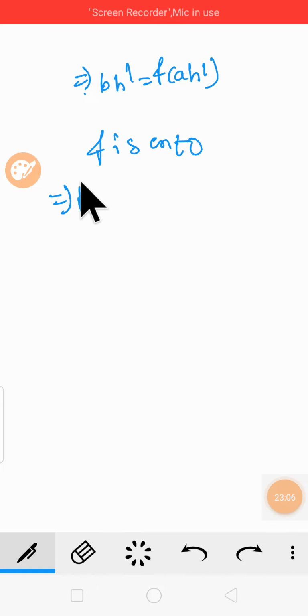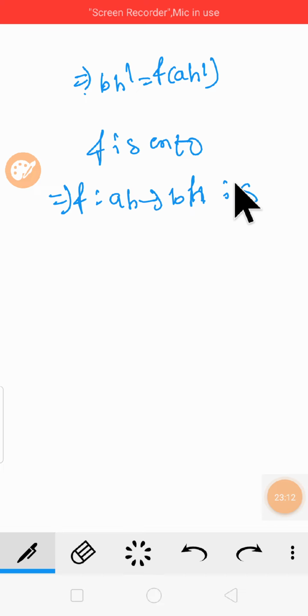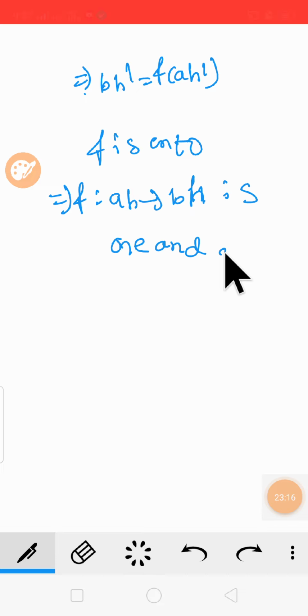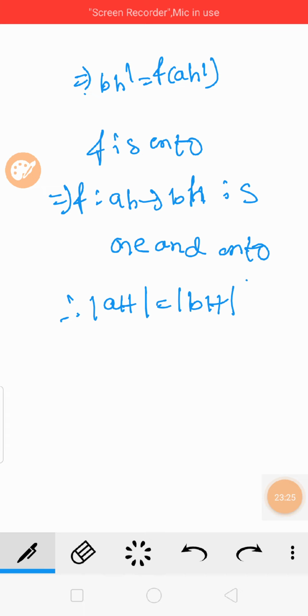So the function f from aH to bH is one-one and onto. Therefore the order of aH equals the order of bH.